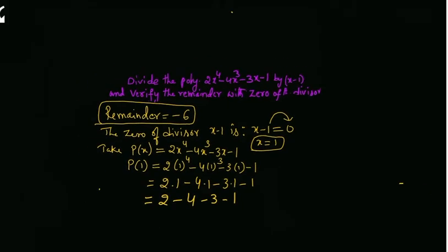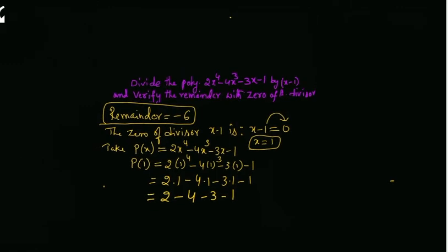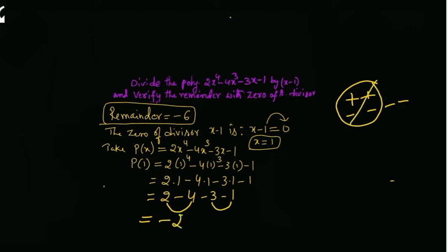And simplify this. 2 minus 4: plus symbols 2, minus symbols 4. The 2 pluses and 2 minuses will get cancelled, we get minus 2 here. And see the next two terms, minus 3 minus 1, that means minus symbols 3 and once again minus symbol 1. So no cancellation is here, we will get minus 4.